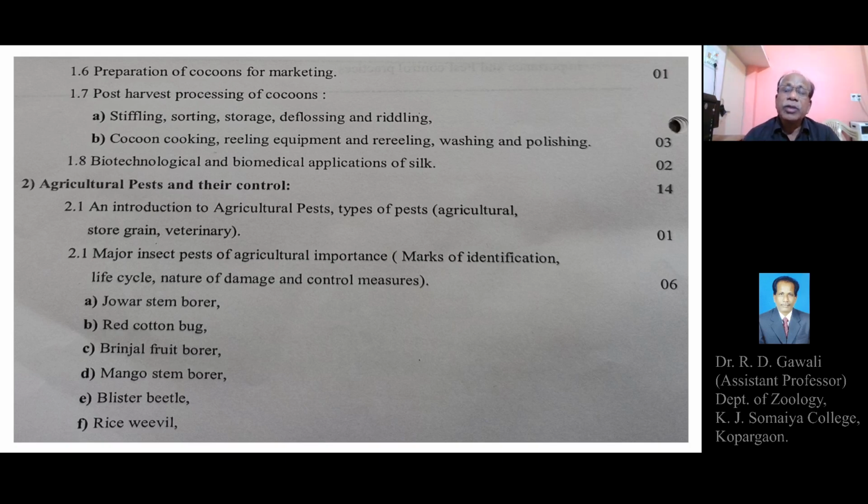They are completely domesticated, and that's why they are very sensitive to environmental factors, unfavorable conditions like temperature or humidity, and that's why it is essential to manage or control the different types of diseases and pests.